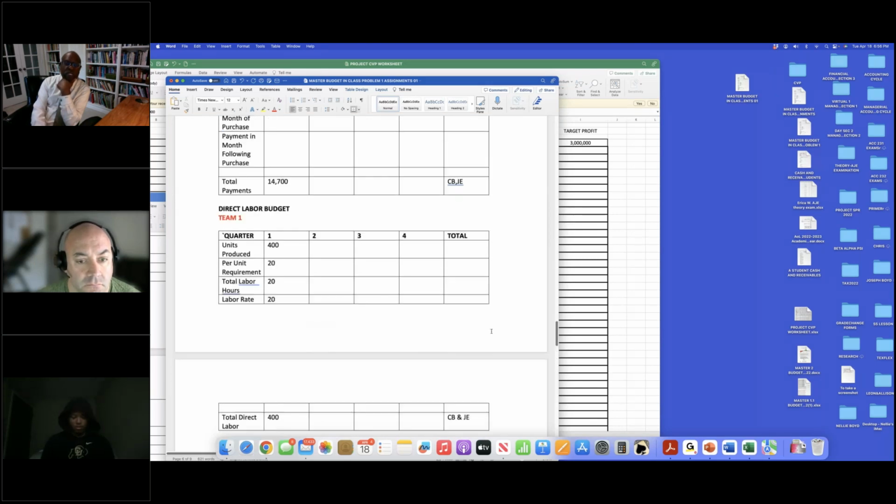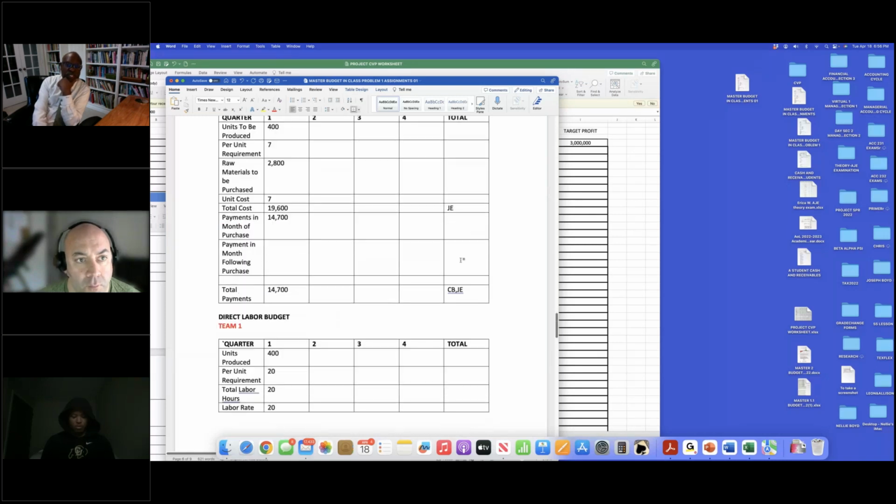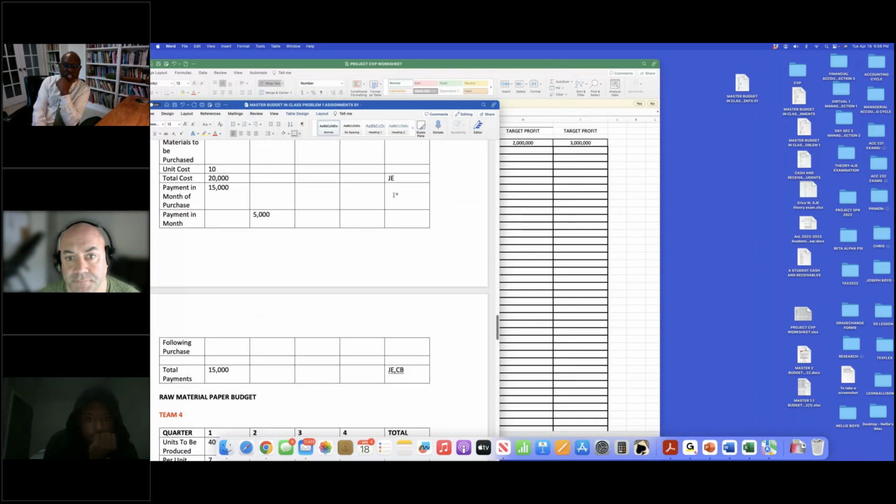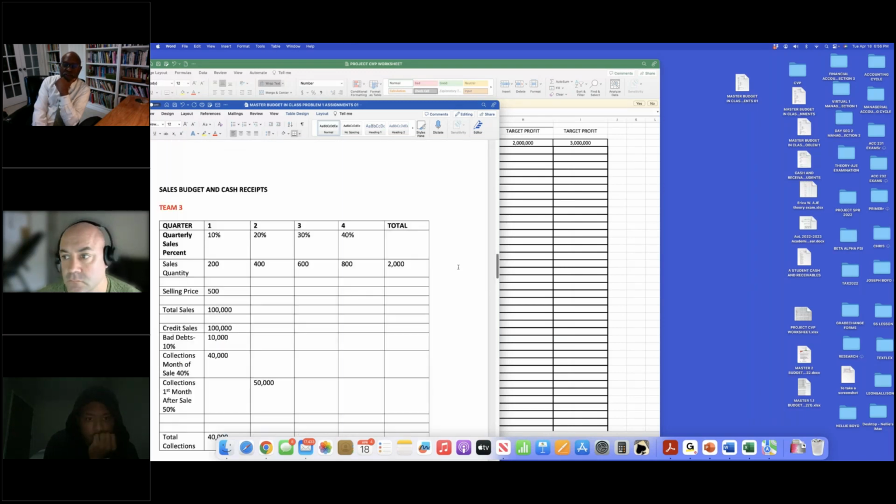And the journal entries on the Excel sheet, just put those next to the schedule. So to the right of the schedule, I think if you look at the Excel sheet, you'll see space for the journal entries. So just put your journal entries by each budget also.